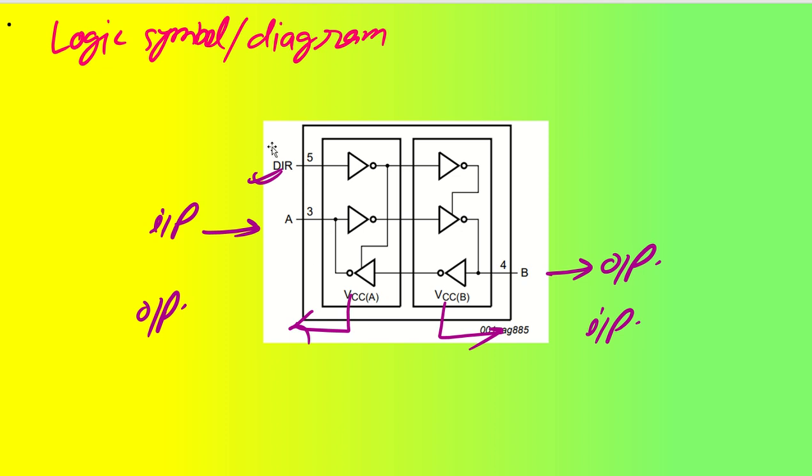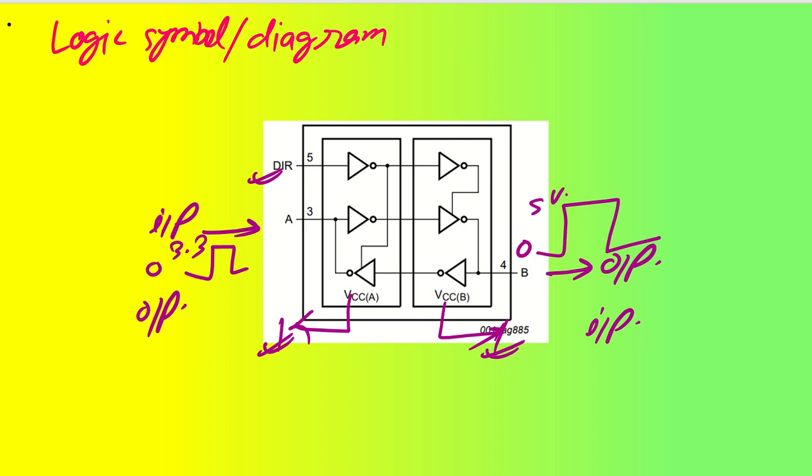Based on the direction, the logic level will propagate through to the B side and be shifted. Let us say we have an input of 0 to 3.3 volts; it can shift to 0 to 5 volts based on the supply that you are giving here. We'll understand that also. The supply will depend on what output logic level you want.